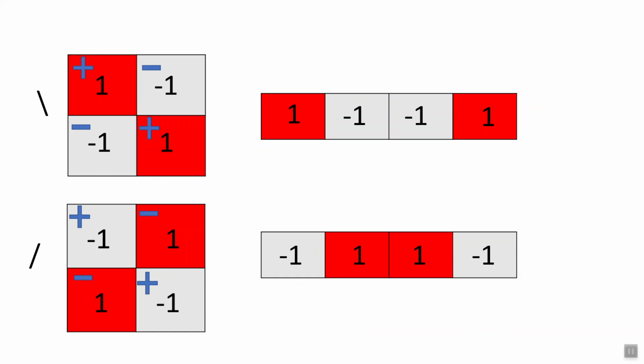So the first element is plus, the second element is minus, the third element is minus, and the fourth is plus. What we want is plus 1, minus of minus 1, again minus of minus 1, and plus 1.